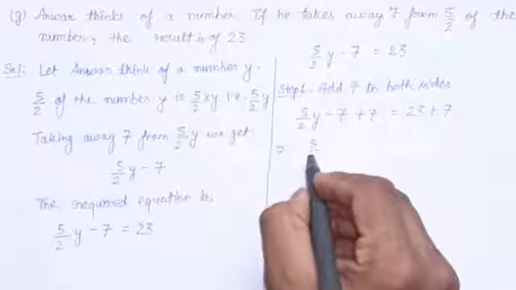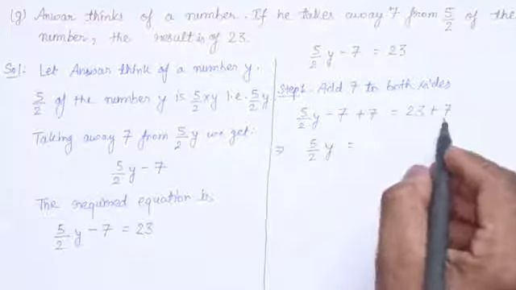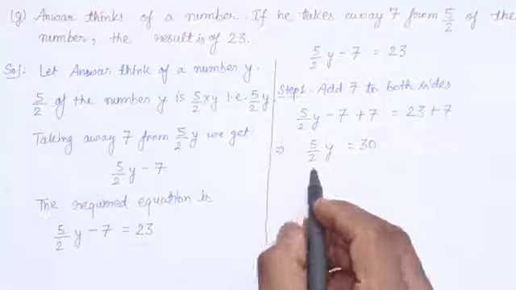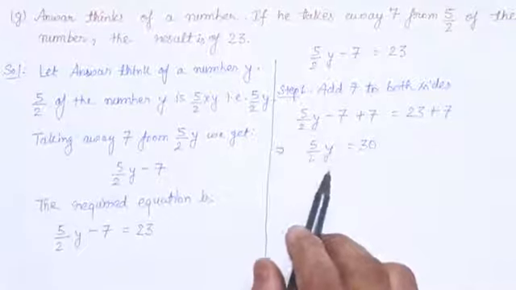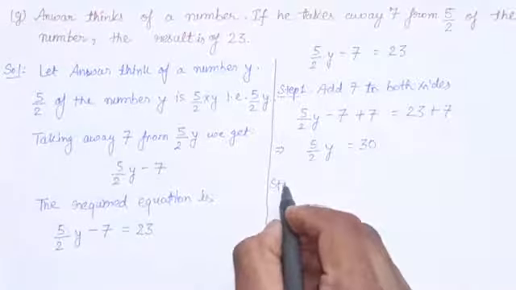So we have 5 by 2 y equals to 23 plus 7 is equals to 30. Again here you can see that in the left hand side we have 5 by 2y instead of y only. So what is our step 2 in order to obtain y?